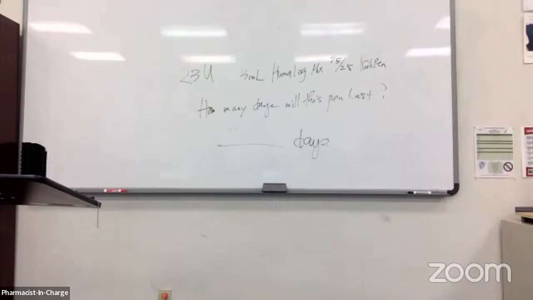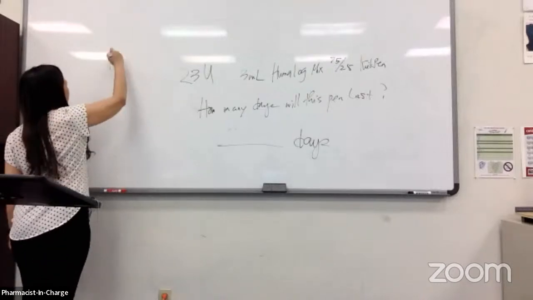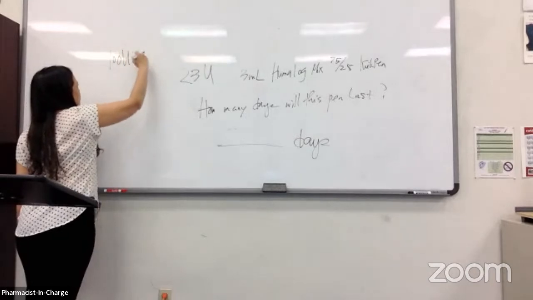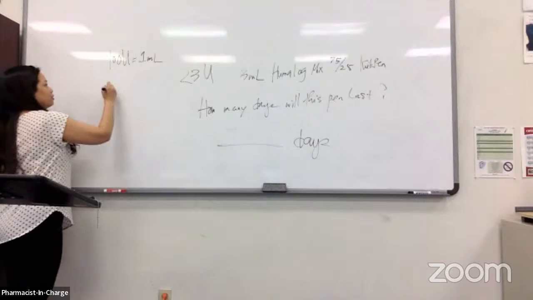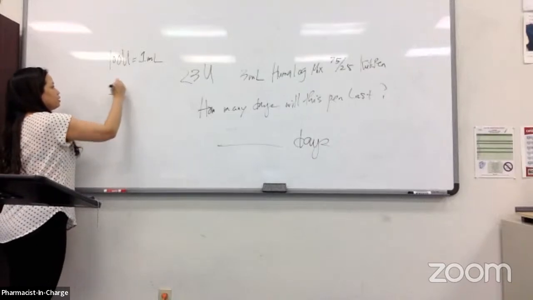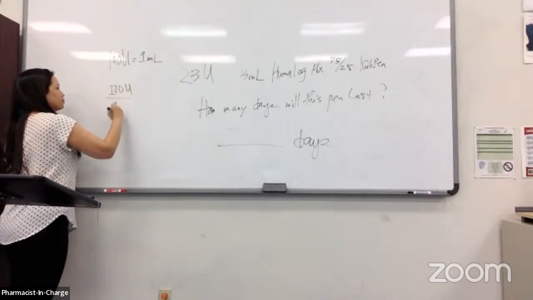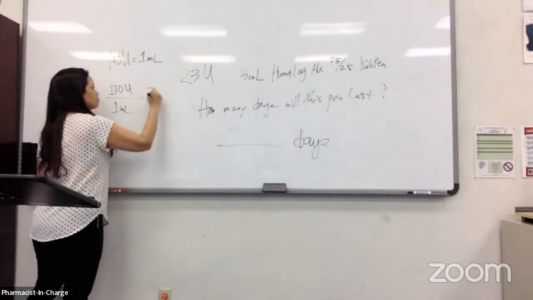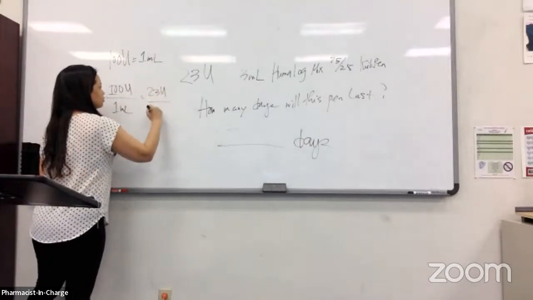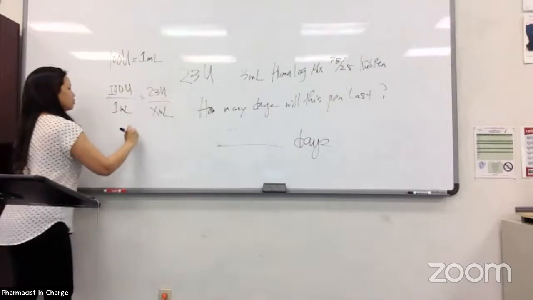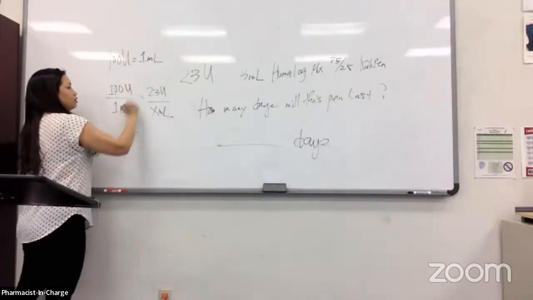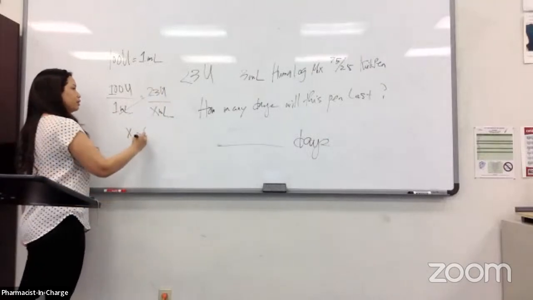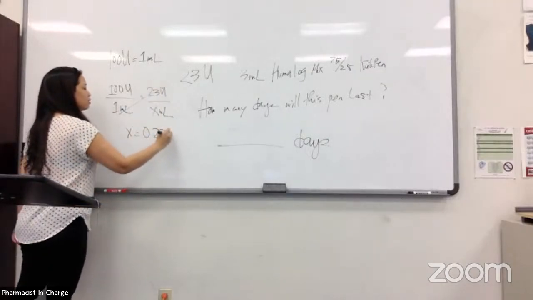There's going to be 100 units in an ml for this one. So, it can be ratio and proportion again. This will be 0.23 ml.